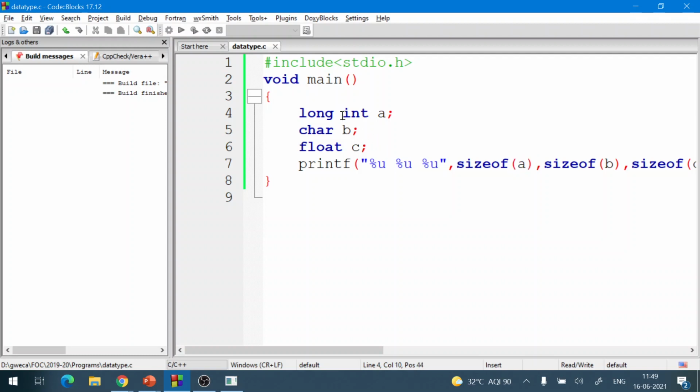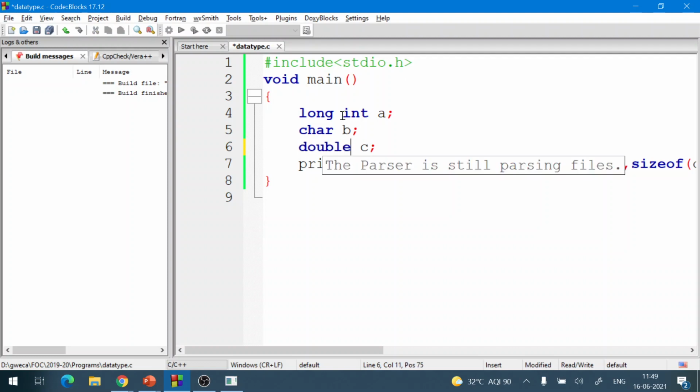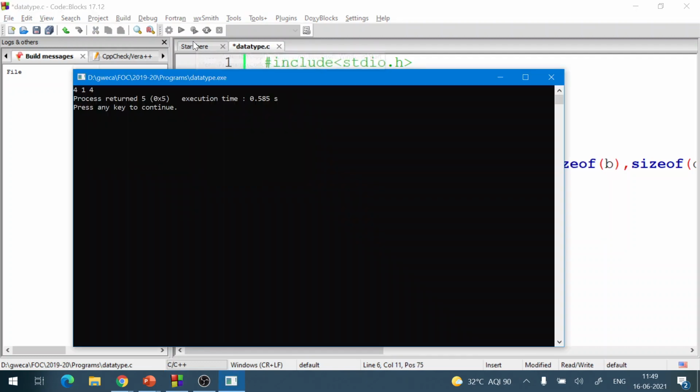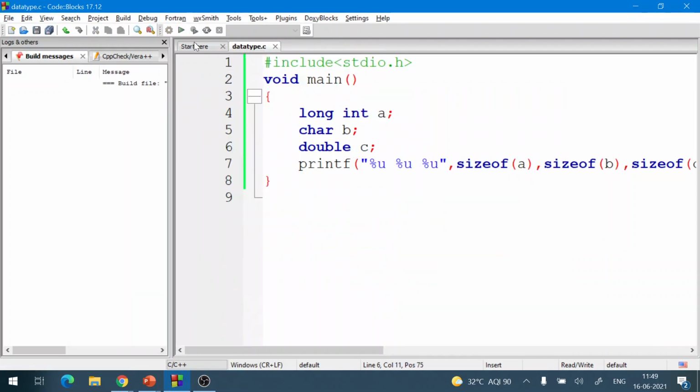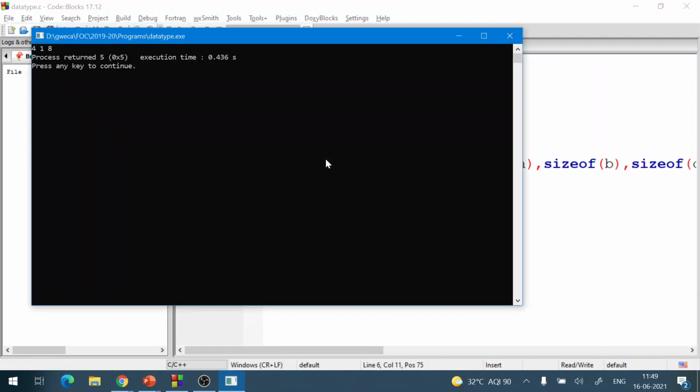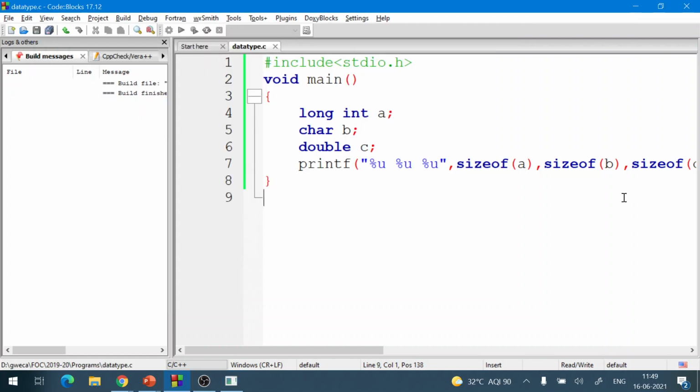And if instead of float, I take it as double, now let us see the size. For double the size is 8 bytes. So whatever is written here, 4, 1, 8, is the number of bytes.